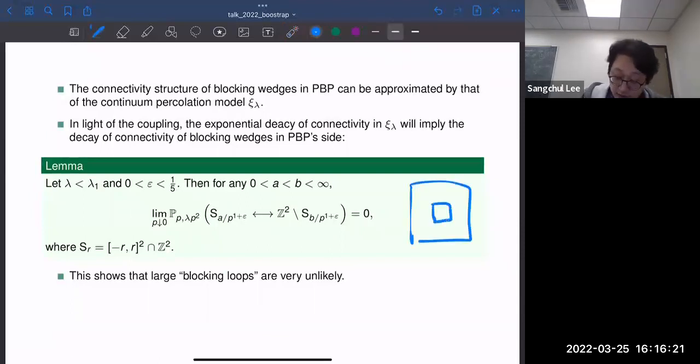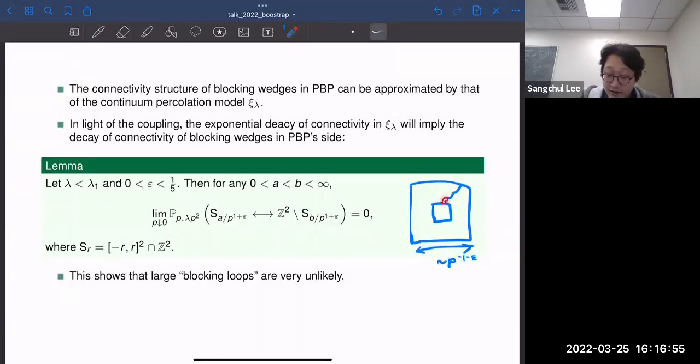some small square is connected to a larger square of scale roughly of order p to the minus 1 minus epsilon converges to 0 as p goes to 0.